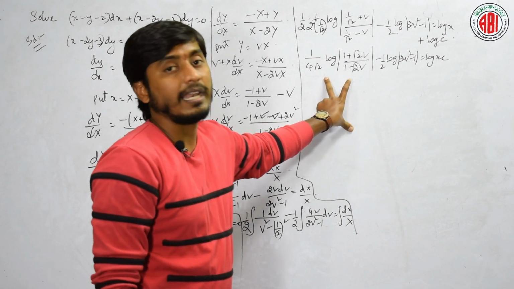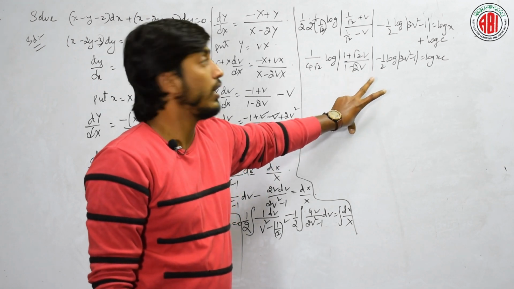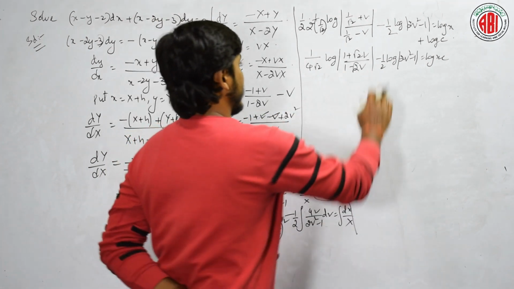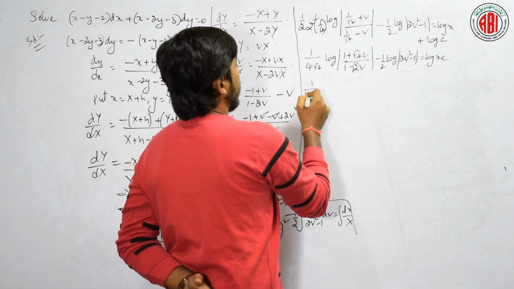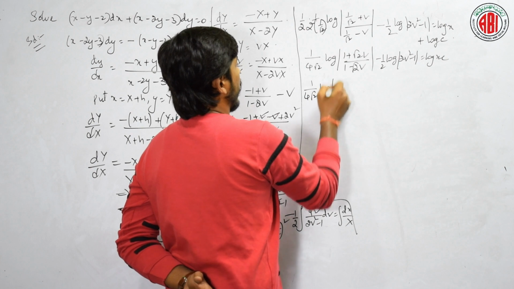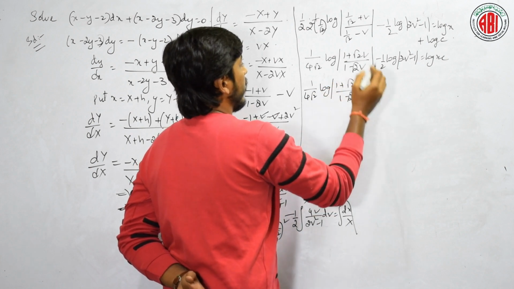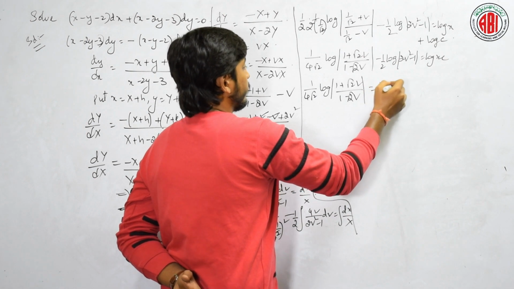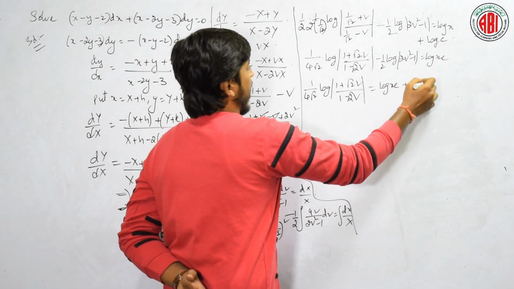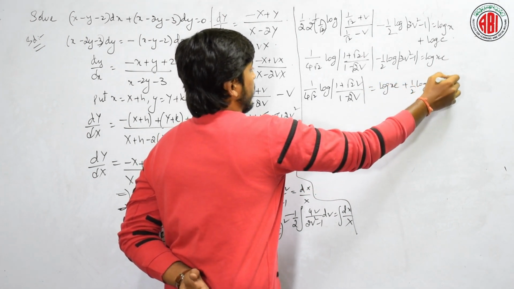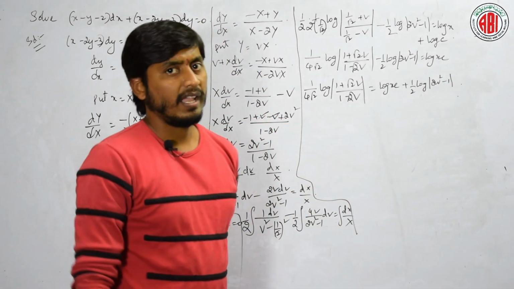So let me put here like that only and simplify the remaining 2 terms. Let us send this that side. That will be 1 by 4 root 2 log of 1 plus root 2v by 1 minus root 2v is equal to log xc plus half log 2v square minus 1, right.